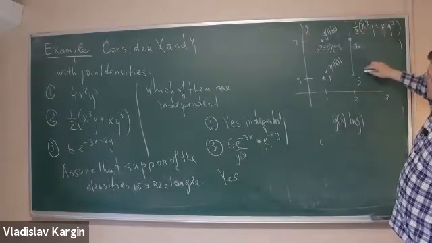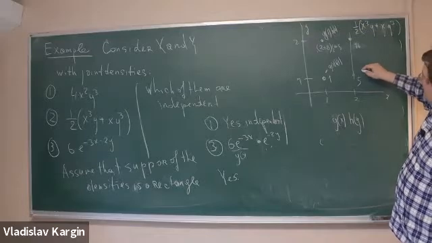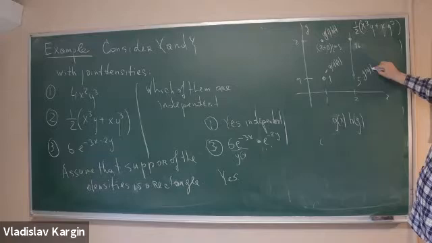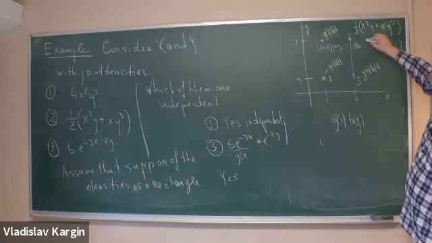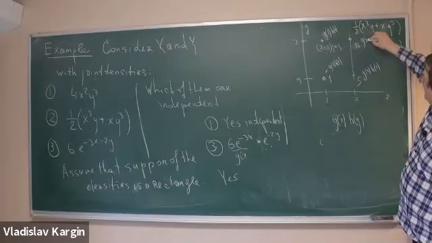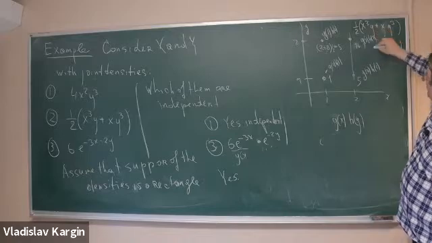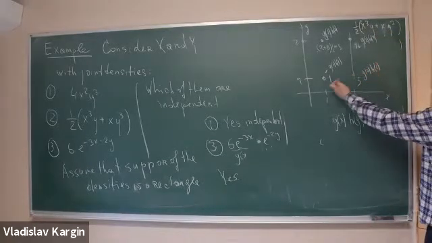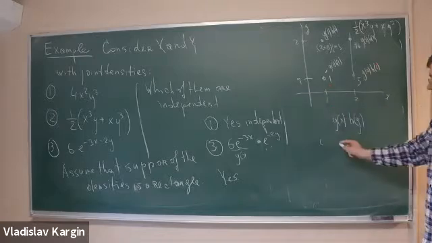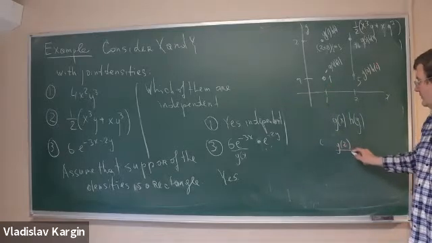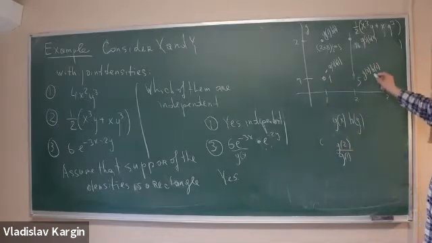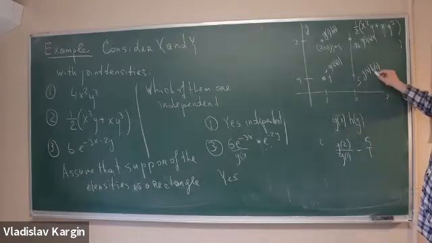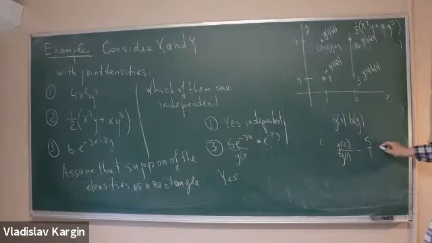Here it's g of 2 multiplied by h of 1. And here it's g of 2 multiplied by h of 2. Now let us divide this number by this number. We get g of 2 divided by g of 1, which should be equal to 5 divided by 1, because h of 1 cancels. So it's equal to 5.